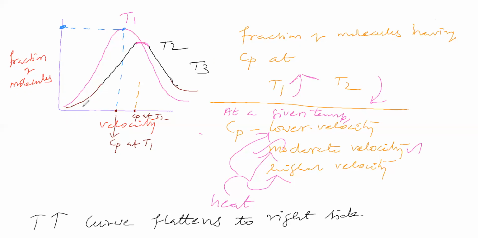Do you feel at T3 the curve will be like this? So what is the conclusion? On raising the temperature, the curve flattens to the right side. Okay, this is about the Maxwell Boltzmann distribution.